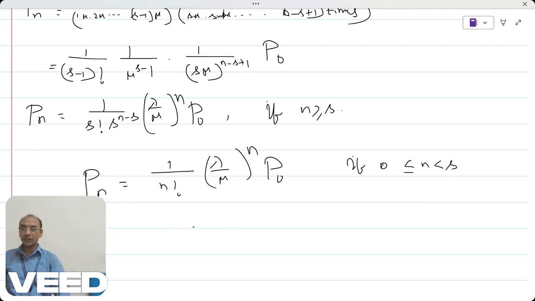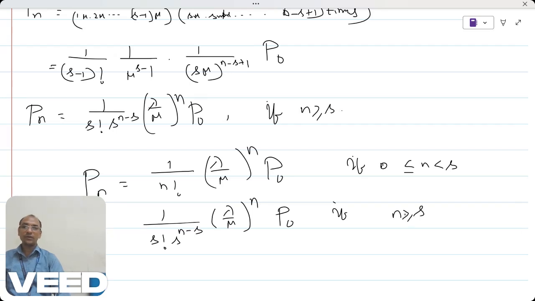And the second value is 1 by s factorial s to the power n minus s into lambda by mu to the power n into p0 if n is greater than or equal to s. So these are the two values of Pn.